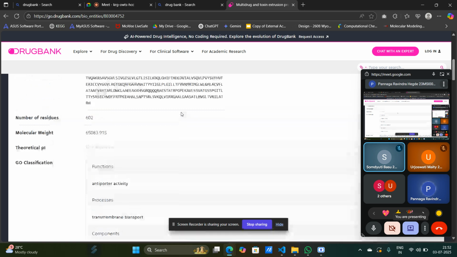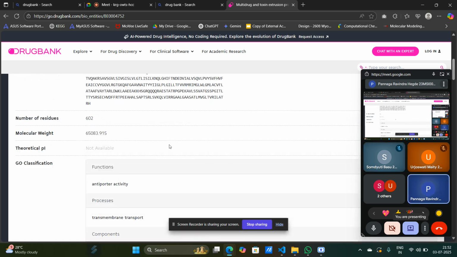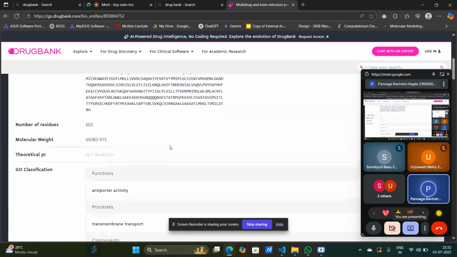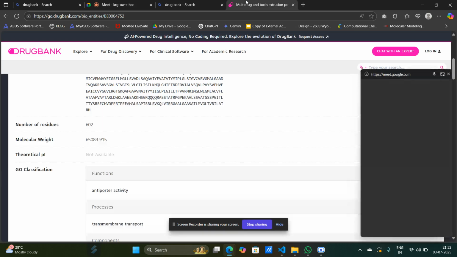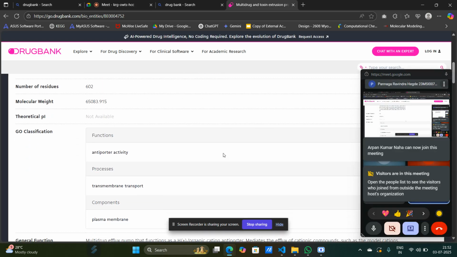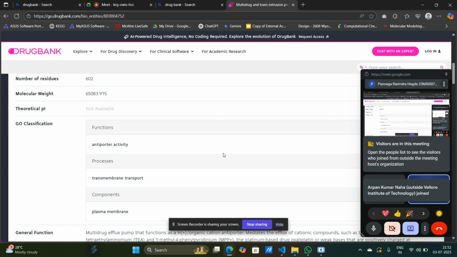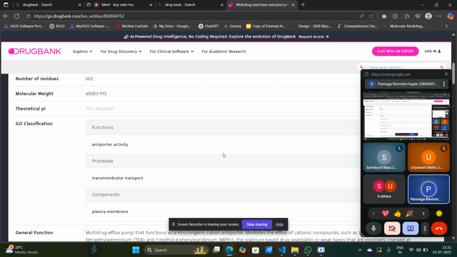So, whatever she said, that is correct. So, you guys know that amino acids have two terminals. One is the amino terminal and the other one is the carboxy terminal. What happens is when pH changes, amino acids might become positively charged or they might also become negatively charged. Are you guys able to understand?